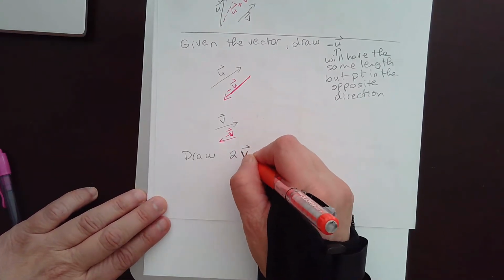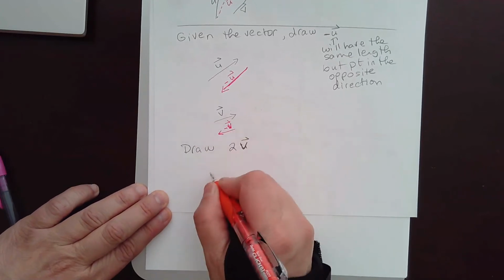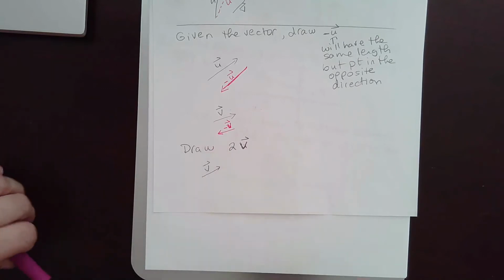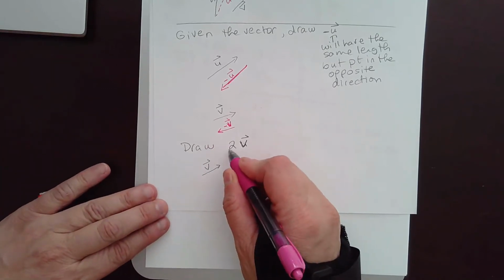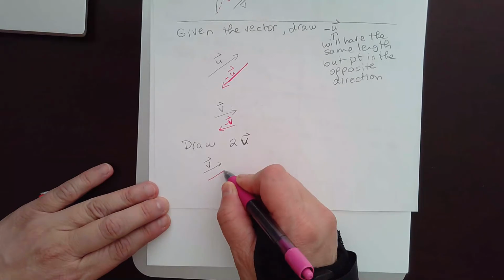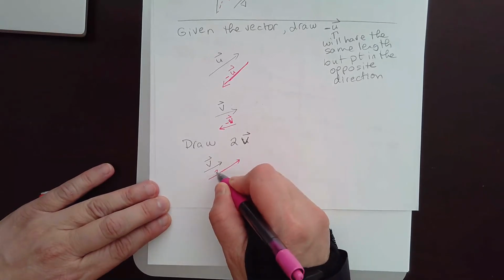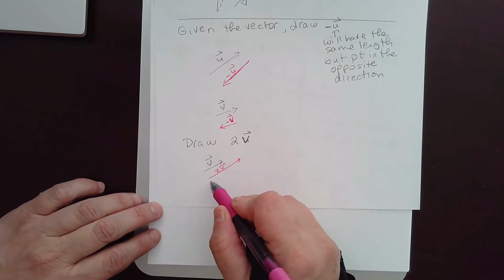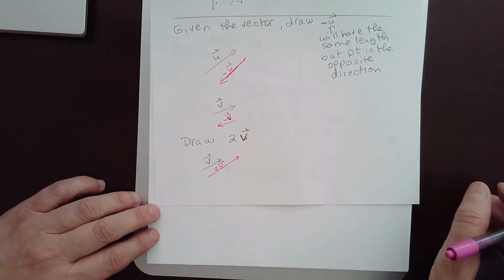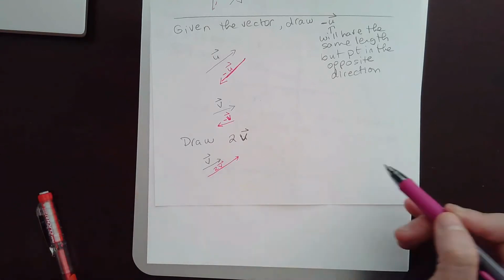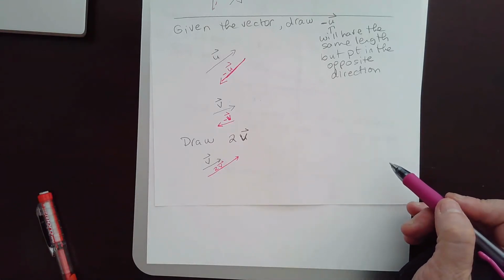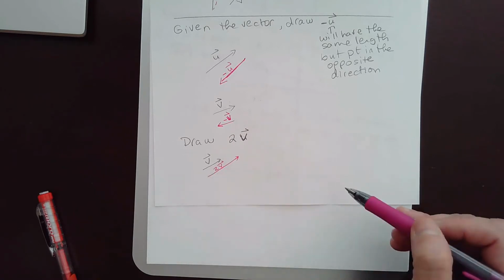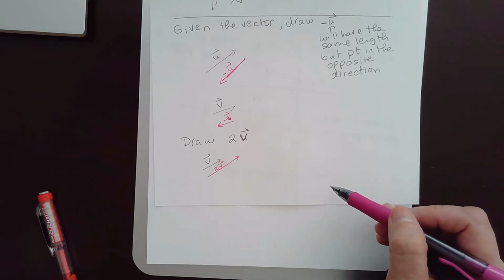Let me make it the same as that. So this is v. 2 times v is double the length. Three v would be 3 times the length, but it will go in the same direction. But 2v will be 2 times as long as v. Okay?